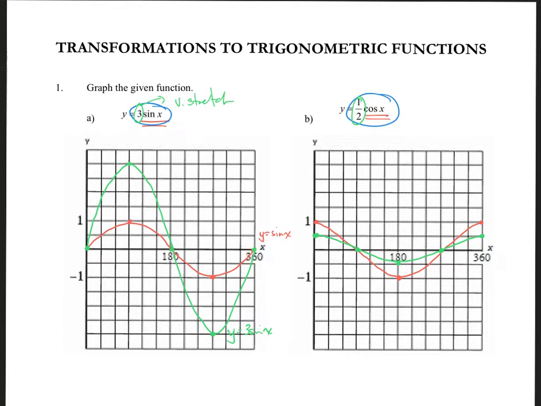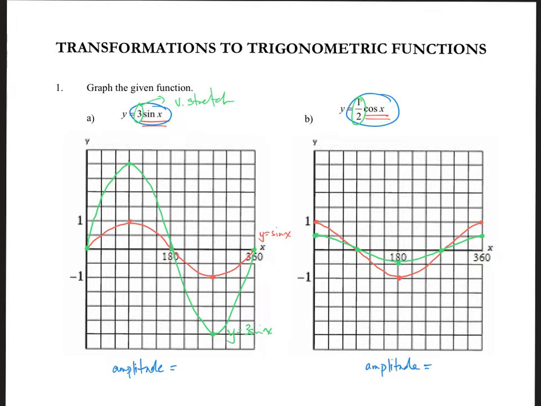But more importantly, I'd like to make a note of something that's very important for us as we go. I'd like you to take a look back at both of those graphs, and I'd like you to determine the amplitude for both of your transformed graphs. So let's go back.